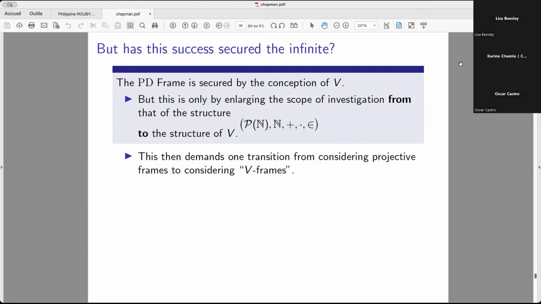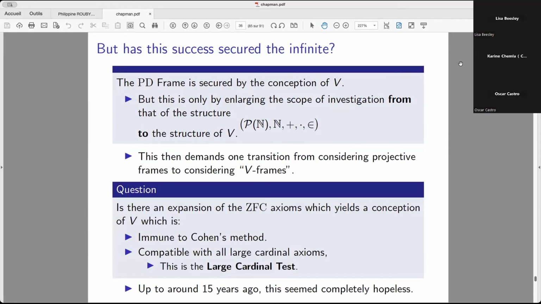Otherwise, it seems dishonest. So you could ask, is there an expansion of the ZFC axioms which yields a conception of the universe of sets, immune to Cohen's method, compatible with all large cardinals? In other words, we want a V frame. We want the generalization of the PD frame to V.